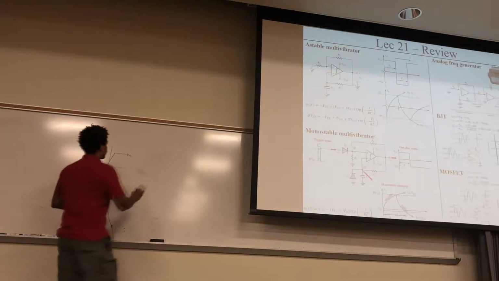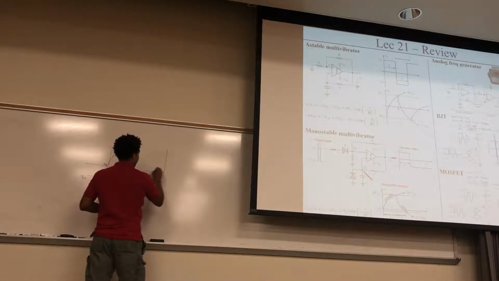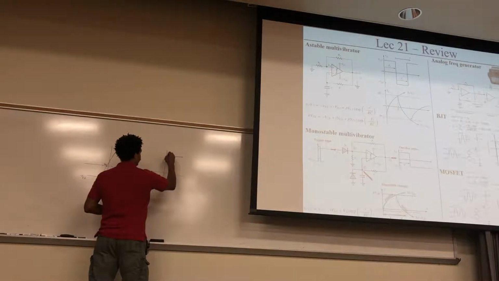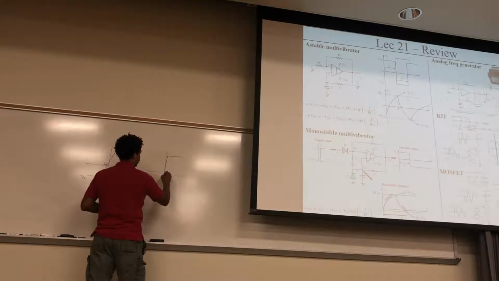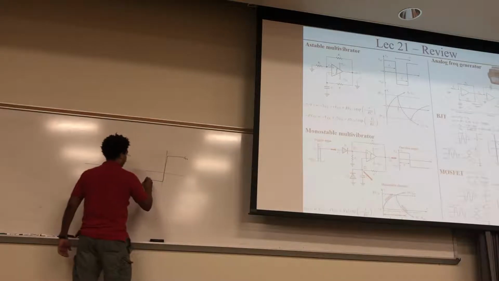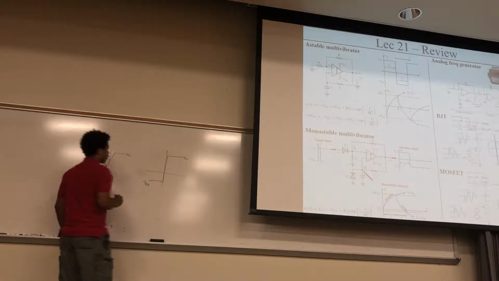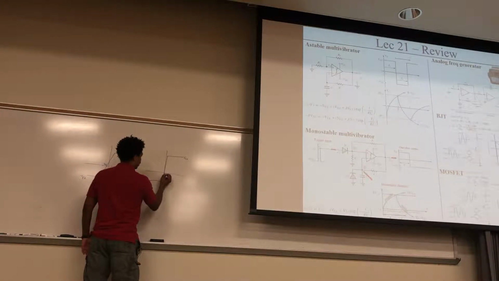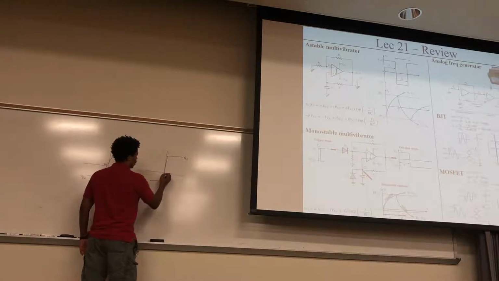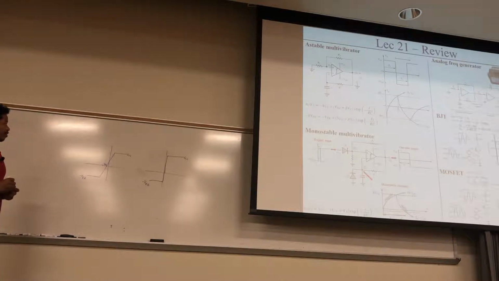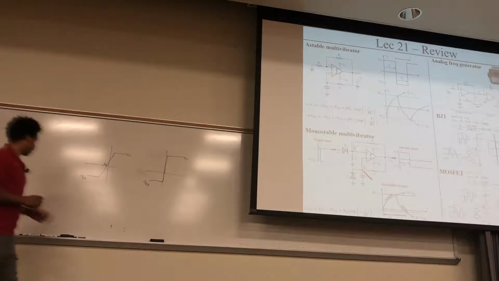So these comparators have a much larger slope, such that if you're just a little off, that's all it really takes to totally saturate to VCC or VEE.